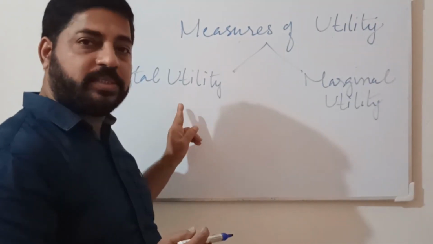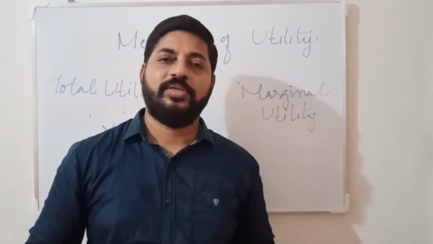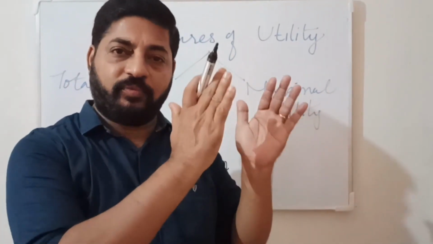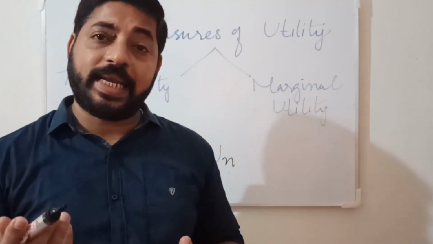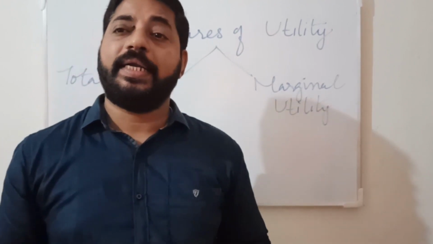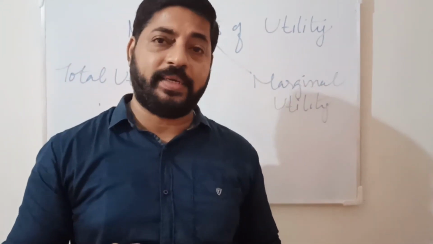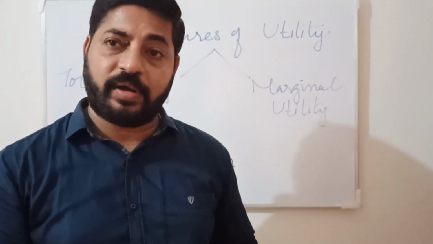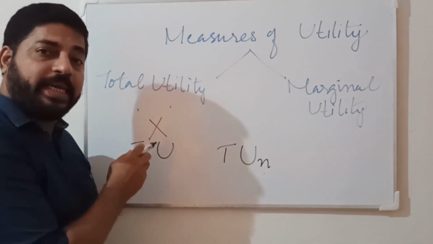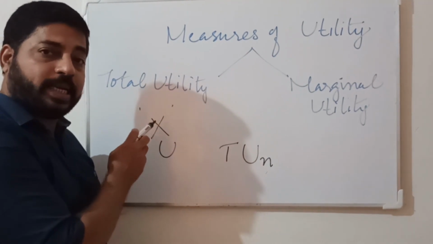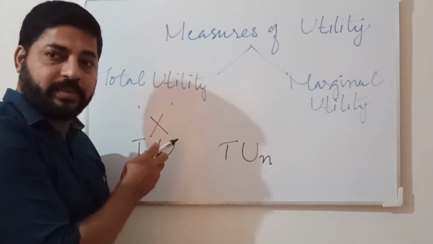Let's see what is total utility. Total utility of a fixed quantity of a commodity is the total satisfaction derived from consuming the given amount of some commodity X. Here X denotes the total quantity of the commodity.